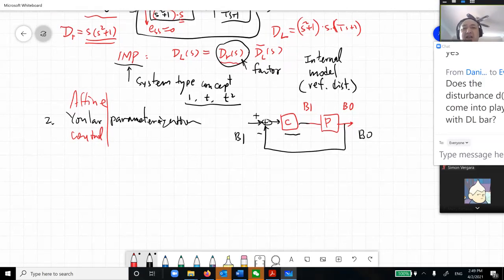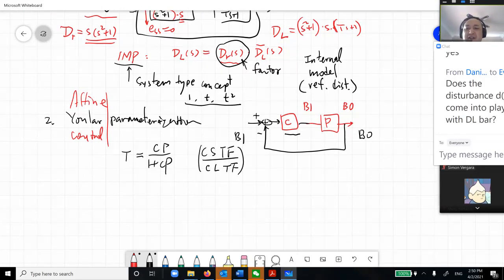So there are so many choices of C to still make this CP divided by 1 plus CP, the closed loop system, which we call T, the complementary sensitivity function, or closed loop transfer function, okay? You have two names, okay?